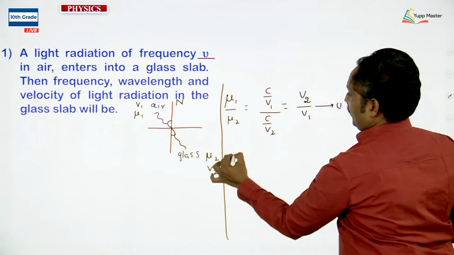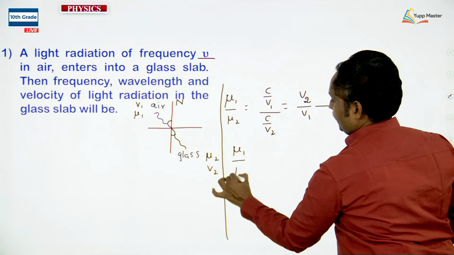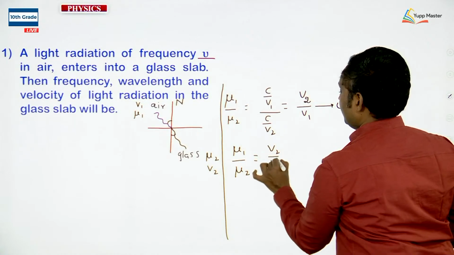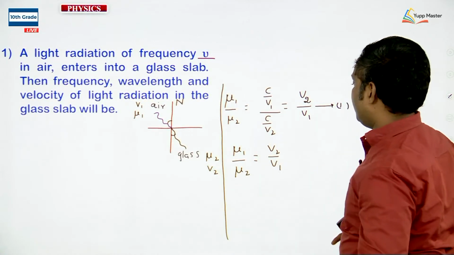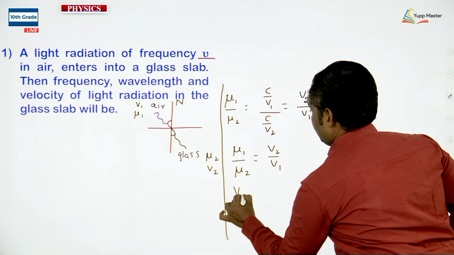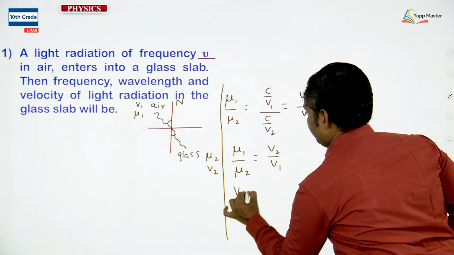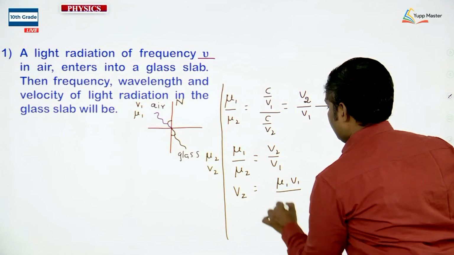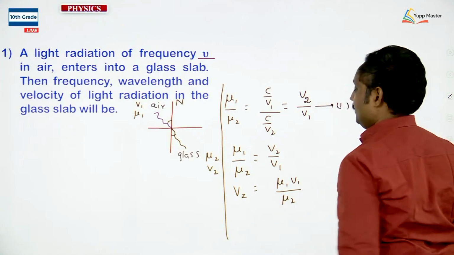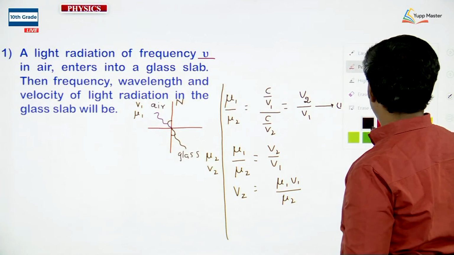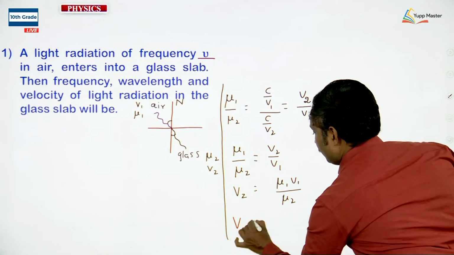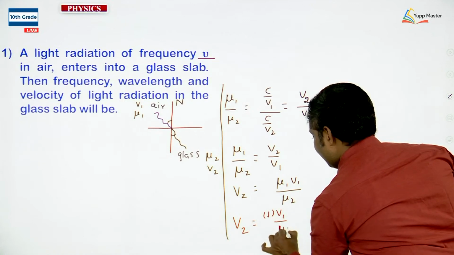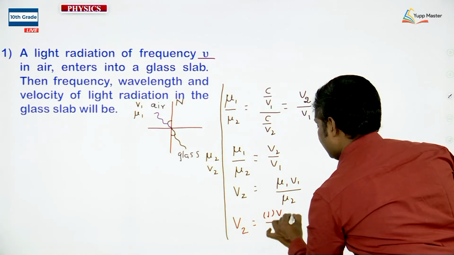Now mu1 by mu2 is equal to V2 by V1. Now you can take V2 is equal to mu1 V1 by mu2, and you can know that V2 is equal to 1 into V1 by mu2. Very clear.